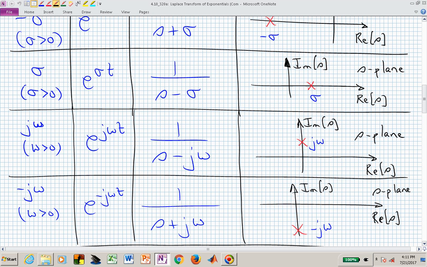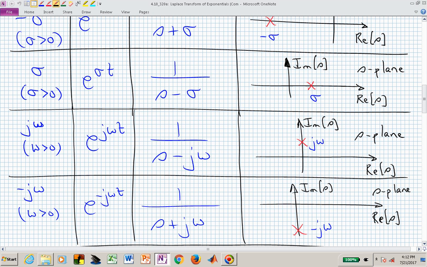Contrasting that with the fourth and final row in this table, we now have e to the minus j omega t. Again, the magnitude of that complex number is 1. It's now just spinning opposite to e to the j omega t. In the transform domain, or if we Laplace transform that, we end up with 1 over s plus j omega.